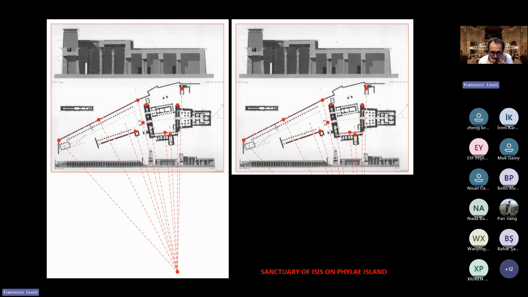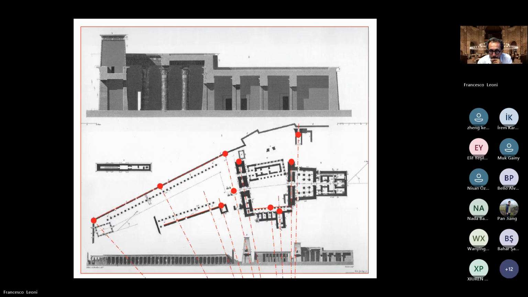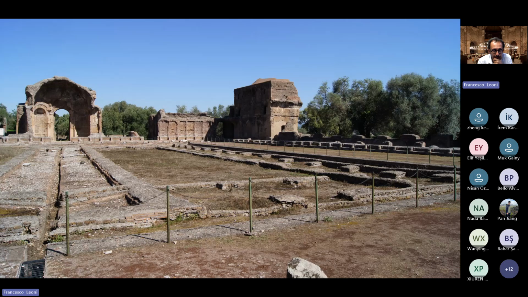But all of those elements create the composition of a radial system organized according to this pivotal point. Here you can see a closer view. And here we can move back to Villa Adriana to show something clearer.